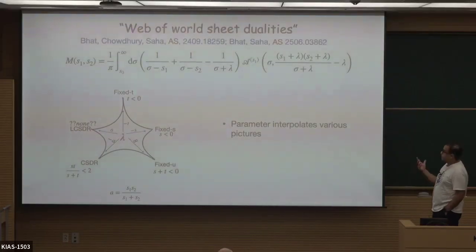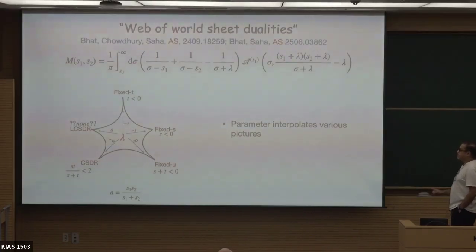And as I mentioned, the key takeaway here is that unlike the fixed T dispersion relation, there's a parameter lambda sitting in the dispersion relation, which in some sense is the elasticity parameter that the string worldsheet picture gives us. There is no string worldsheet in this dispersion relation.